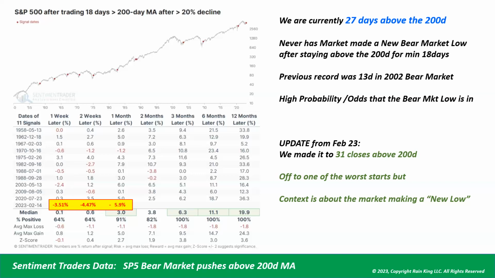But I wouldn't take it too seriously, because the context of this particular study is about the market making a new low in a bear market. So even though it's gotten off to a slow start, the premise is still holding right now that we would not make a new bear market low given this type of data.